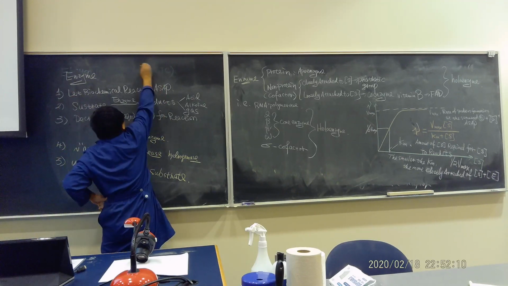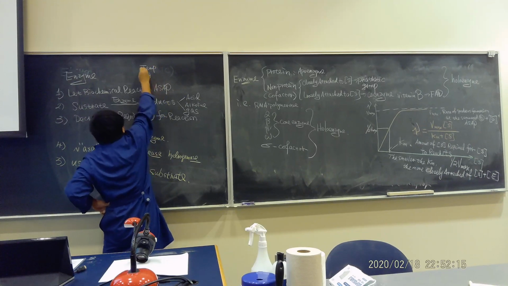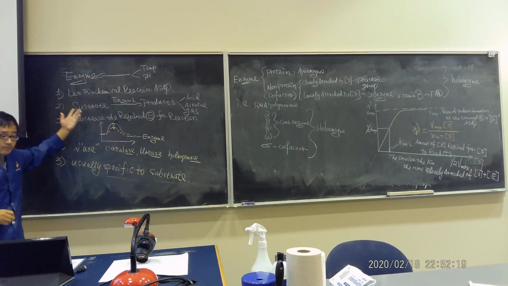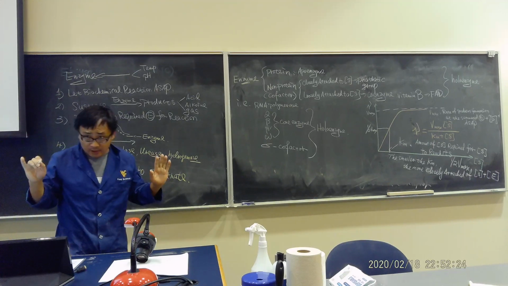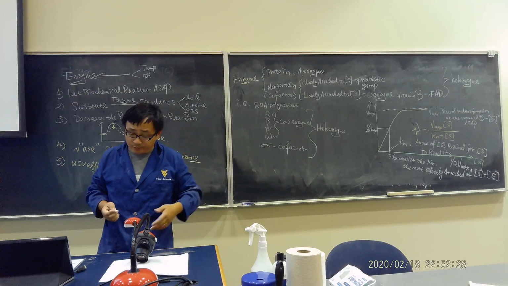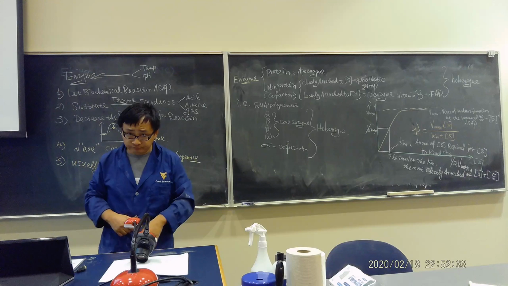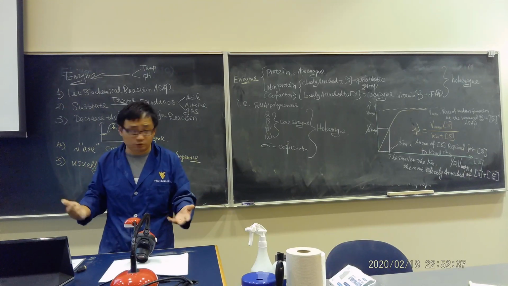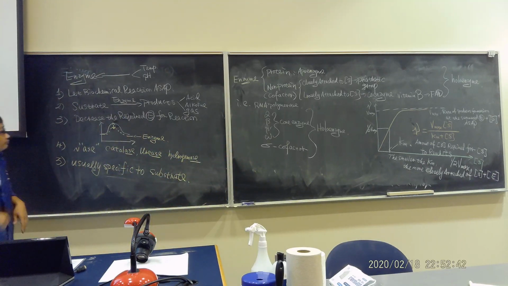Of course, we know temperature and pH have effects on the enzyme. Why? Because the major component of an enzyme is protein. So the temperature cannot be too high, otherwise the protein will be denatured and lose its function. The pH cannot be too acidic or too alkaline, or it will denature the protein. And also the substrate concentration; we talk about the Km value. And there's something else we want to say.